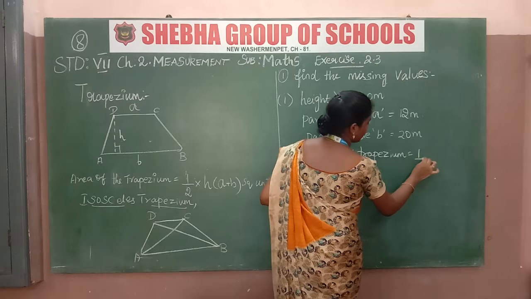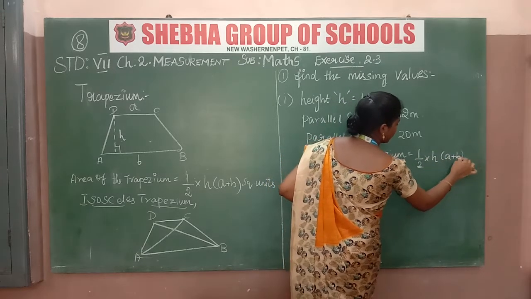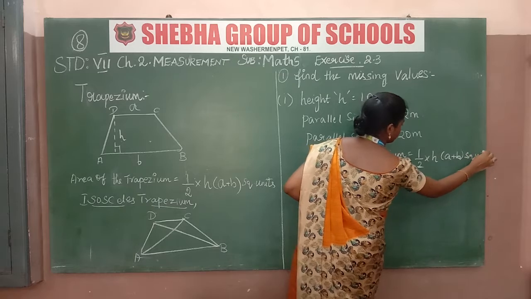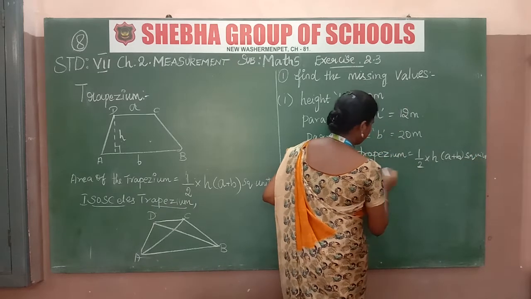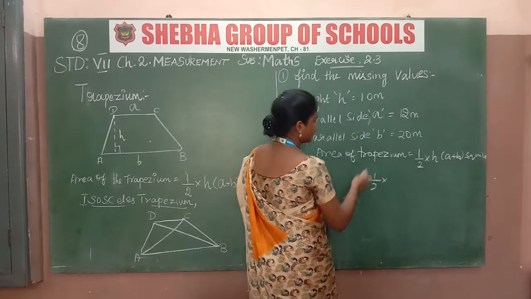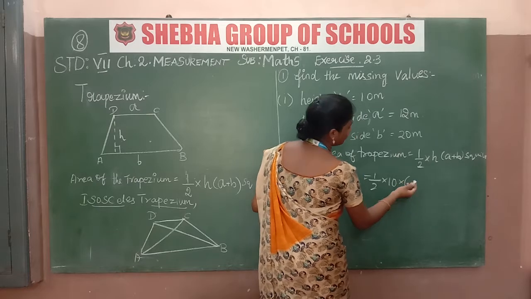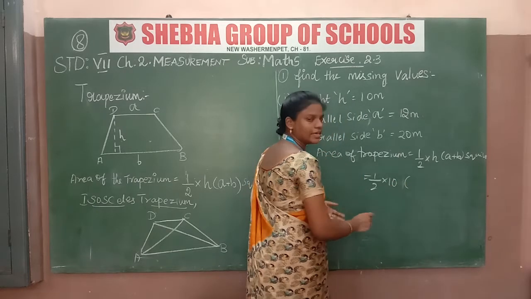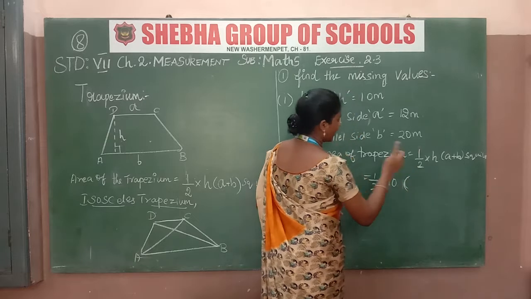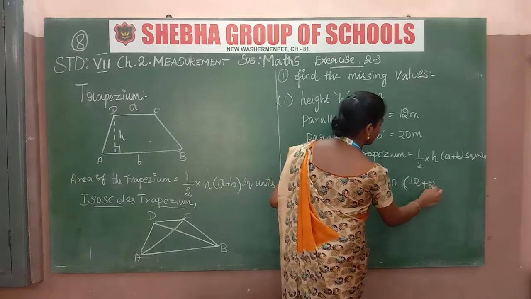Trapezium area is 1 by 2 into H into A plus B square units. Then we have to substitute: 1 by 2 into H, H is 10 meter, 10 into open bracket, A value is 12 plus B value is 20.